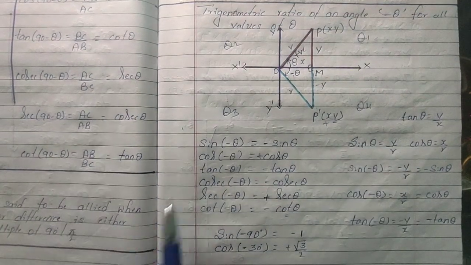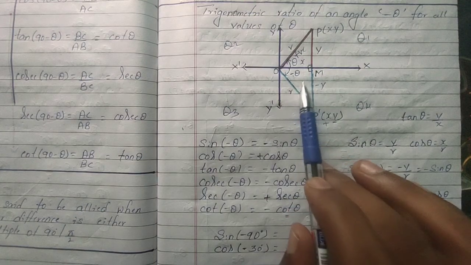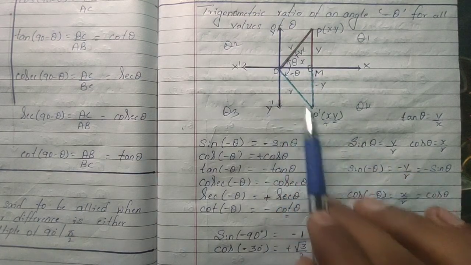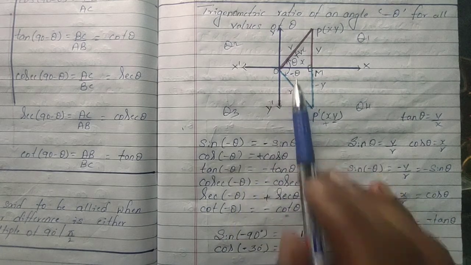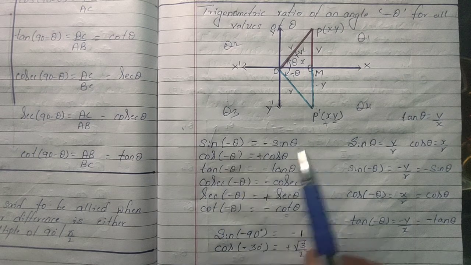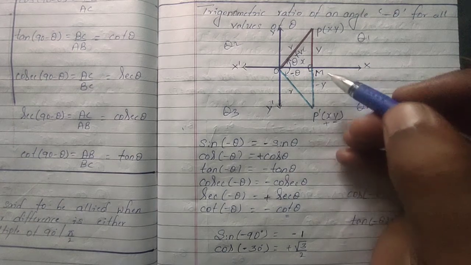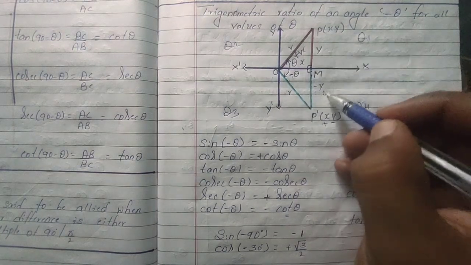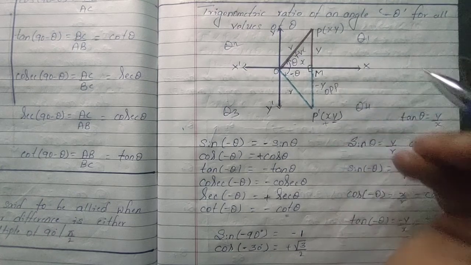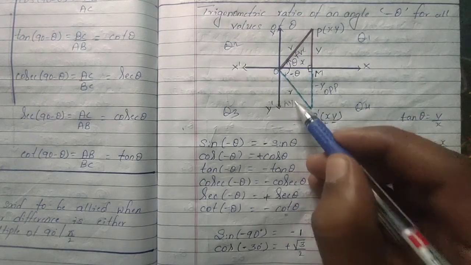Now what is sine theta in this angle MOP dash? Theta is negative here, so I am taking sine of minus theta. What is sine theta? Sine theta is nothing but opposite by hypotenuse. Here this is theta, this is opposite, and this is 90 degrees, so this side is hypotenuse.